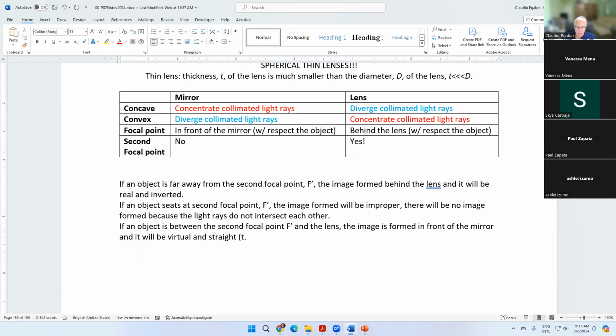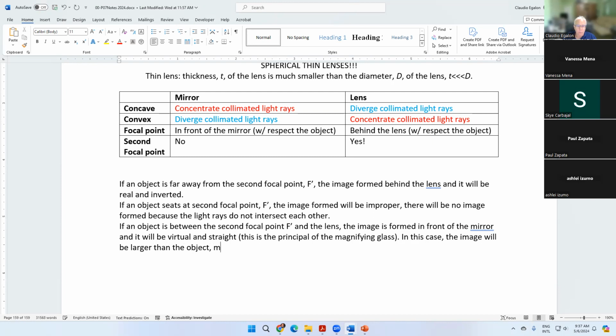This is the principle of the magnifying glass. In this case, the image will be larger than the object.